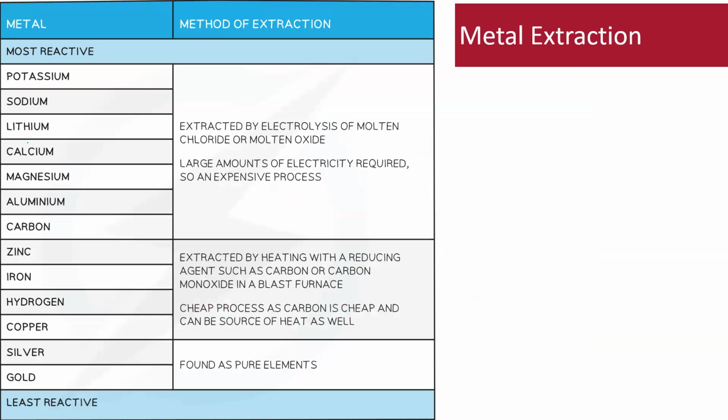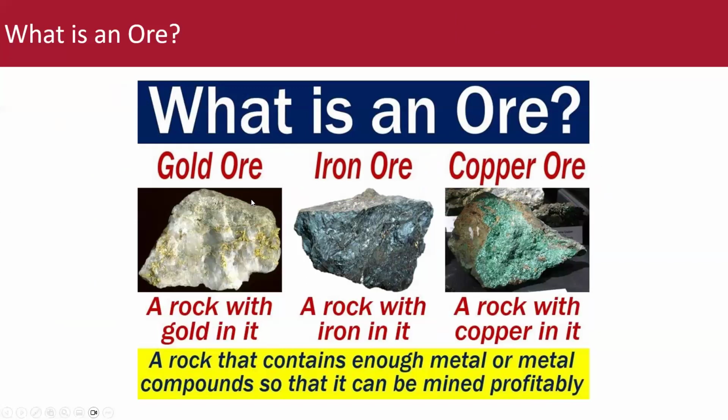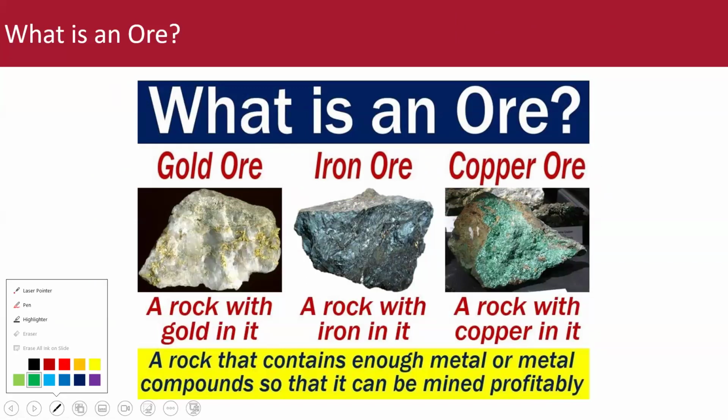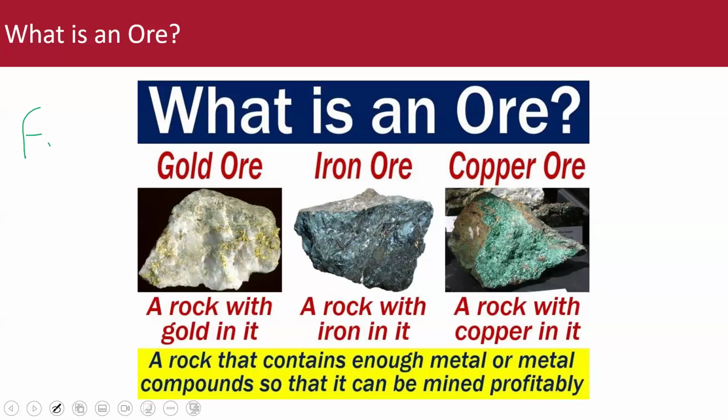I always say financially viable rock. It basically means there's enough iron in it to make it worthwhile getting the iron out. So if they start talking about ores, they're talking about money.